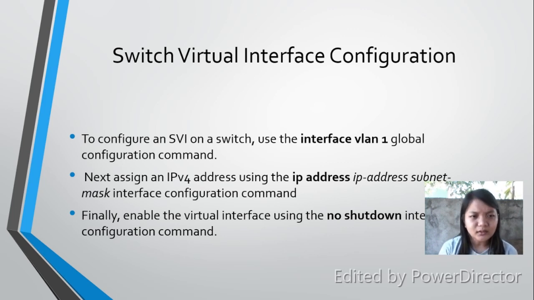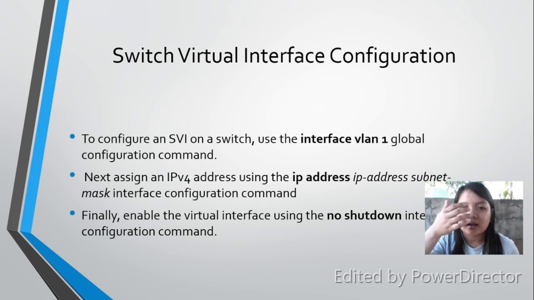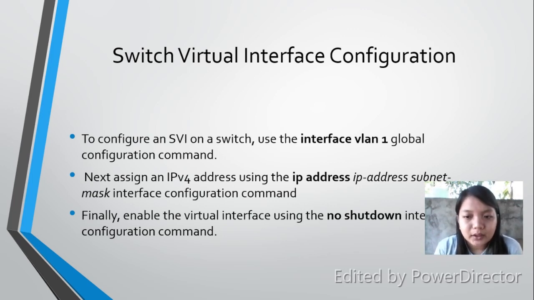Switch virtual interface configuration. To configure an SVI on a switch, use the interface vlan 1 global config command. This one is if you will configure a switch. Next, assign an IPv4 address using the ip address command, then the IP address and subnet mask, in interface configuration mode.